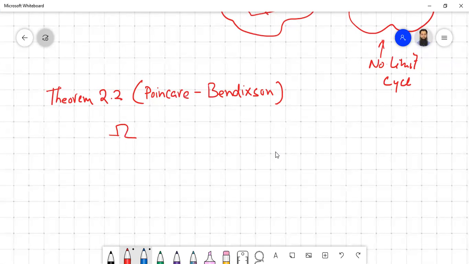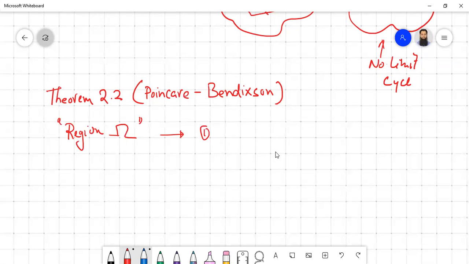So we have a trajectory in a region R or omega. If the trajectory is confined in that region, then one of the three is true.